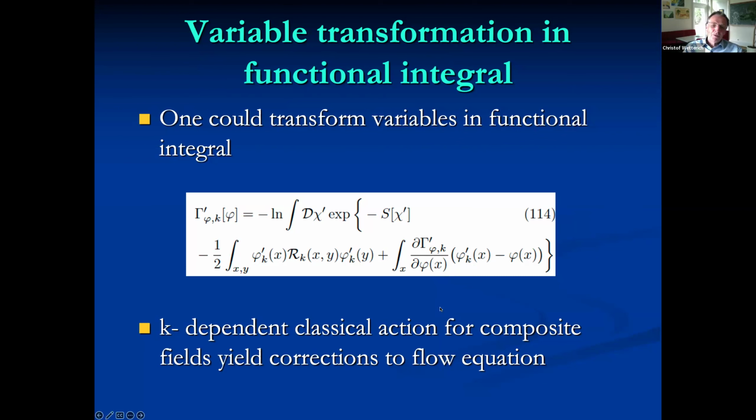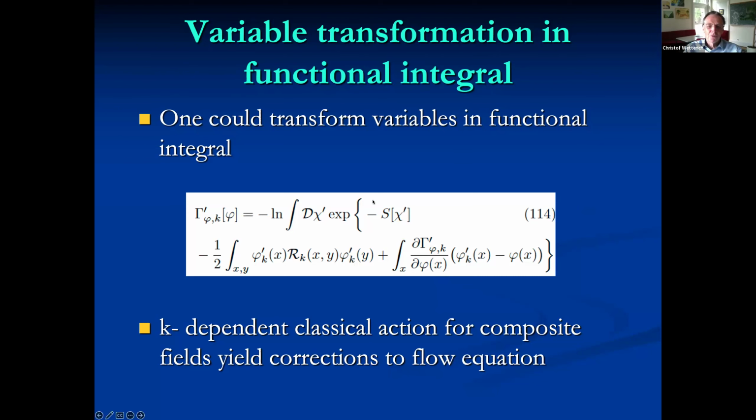Well, let's go again to this defining functional integral. So we have the composite fields in the cutoff and in the source term, and we still have the original fundamental fields in the classical action in the functional integral. So there is no variable transformation that you have done at this point. But you could do one. You simply could do one.